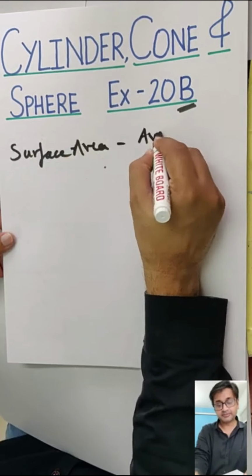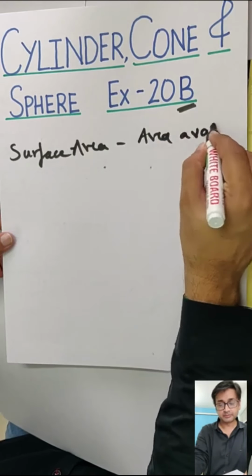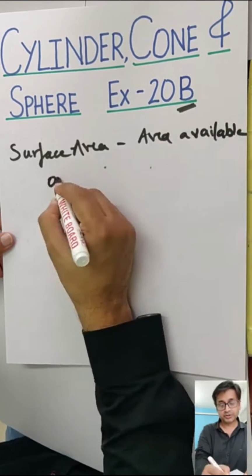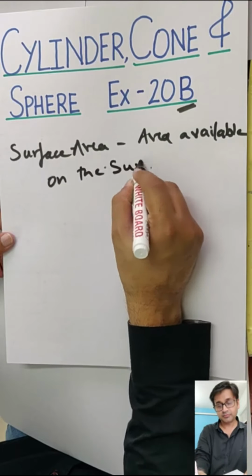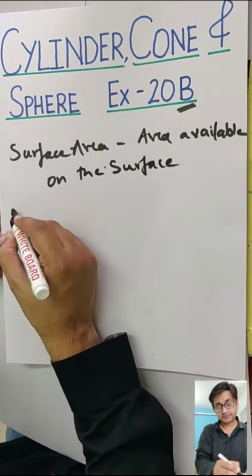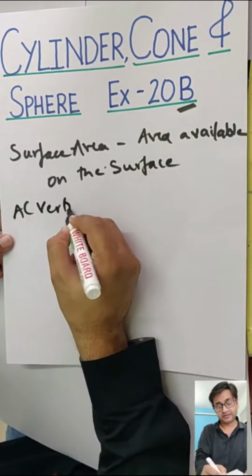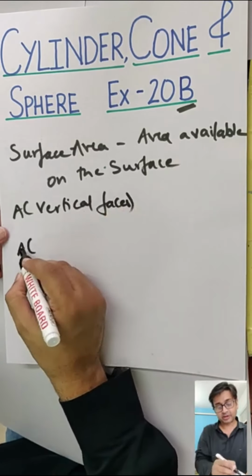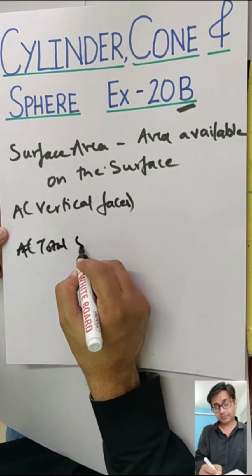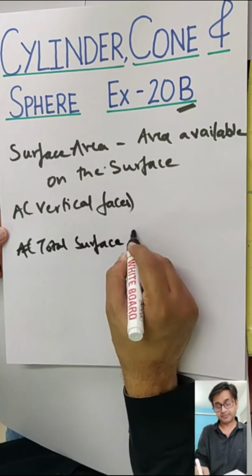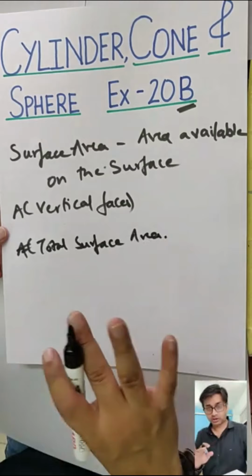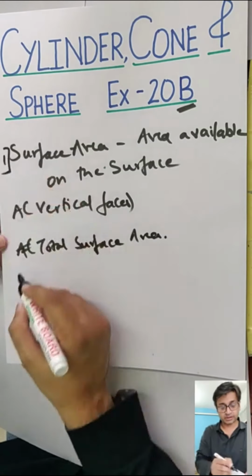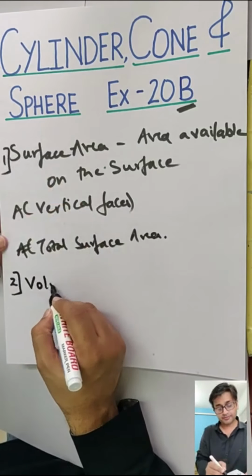So first, surface area is the area available on the surface. You have two types in this: area of vertical faces which are straight, and you can say total surface area, that is all your faces. Alright, so that's part 1. Part 2 is the volume.